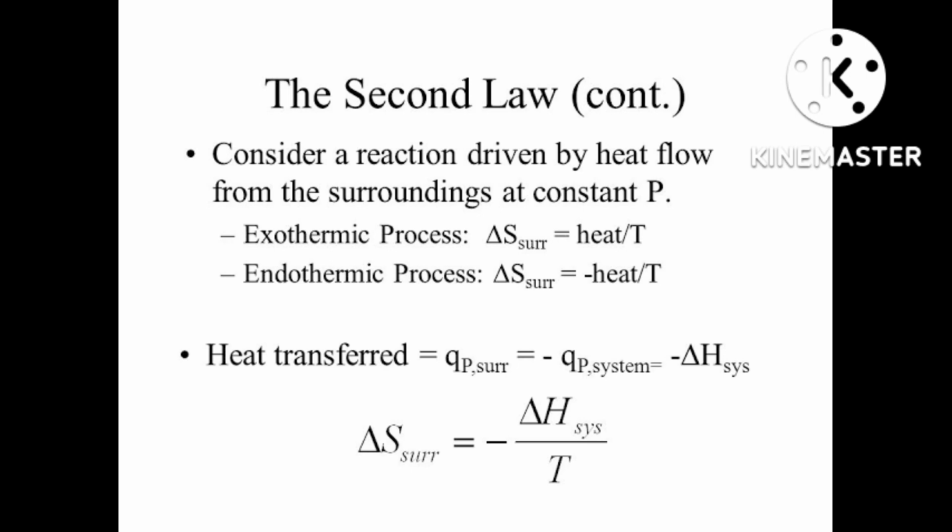Another relation I am telling you, which is very, very important, is the total entropy change, that is delta S of system and delta S for surrounding. Whatever you consider as the system, isolated system or closed system, the entropy change will be of the system and also of the surrounding.